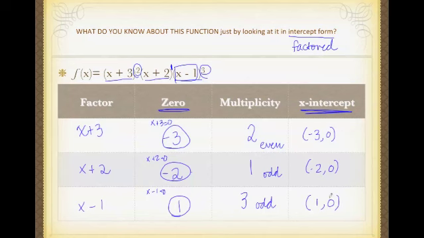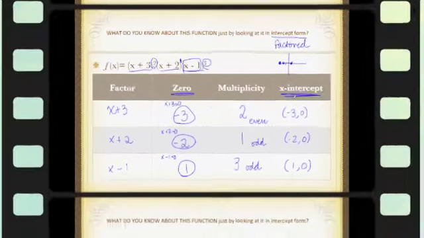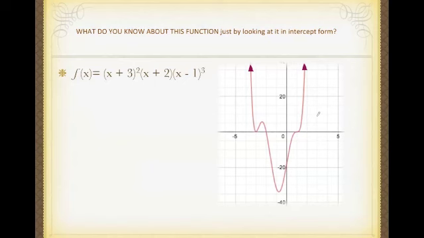And what that means is whatever this function looks like, it's going to cross the x-axis at -3, at -2, and at 1. We know that those are 3 points that satisfy this function. Okay, let's see what we know about this function just by looking at it.